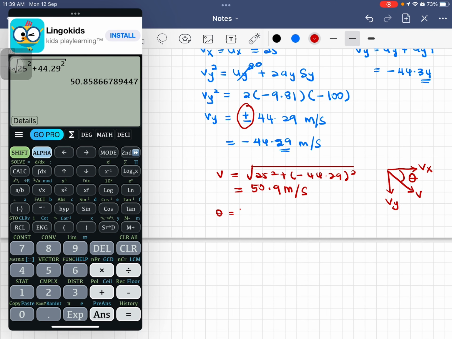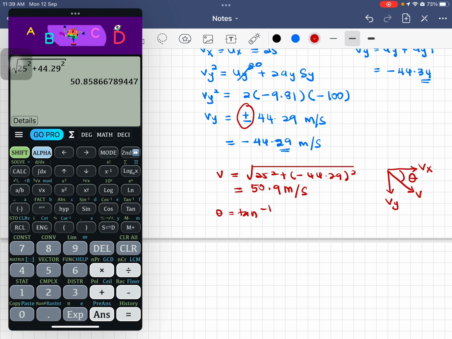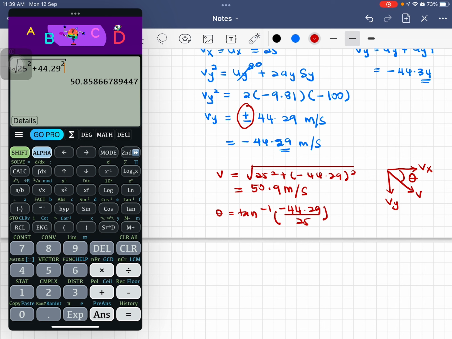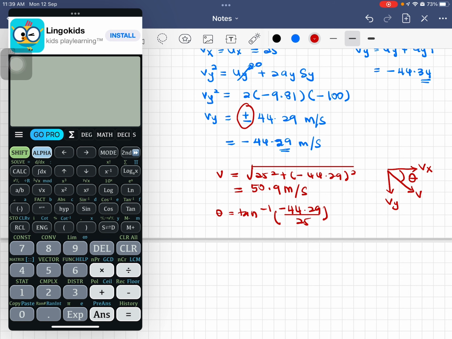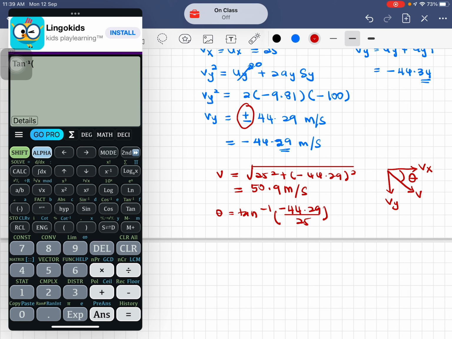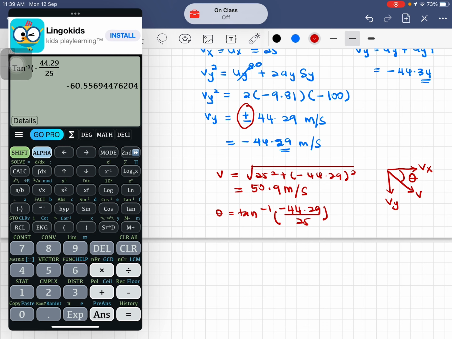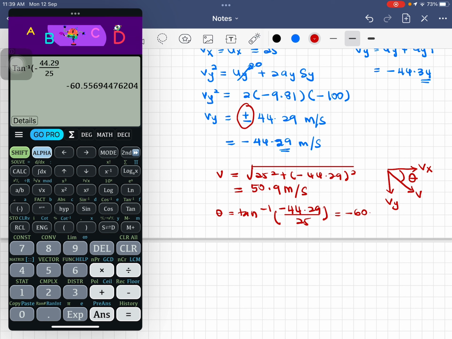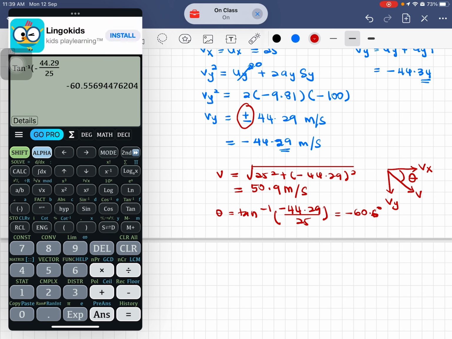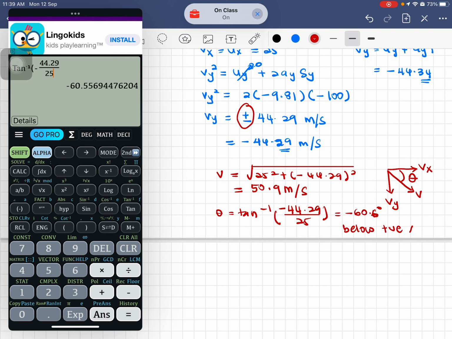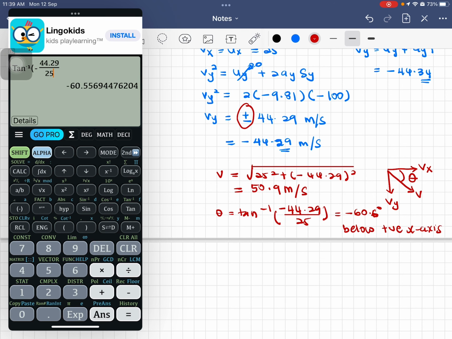So, theta sama dengan tangent minus 1, negatif 44.29 bahagi dengan 25. Dapat negatif 60.6 degree. Below positive x-axis. Alright.